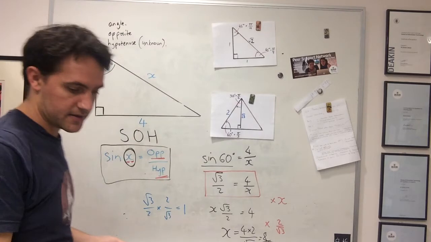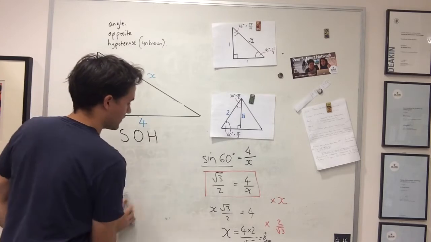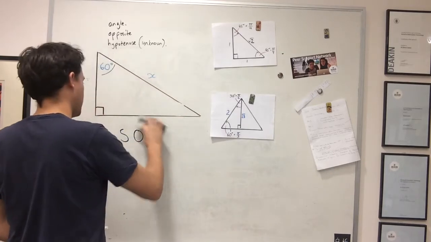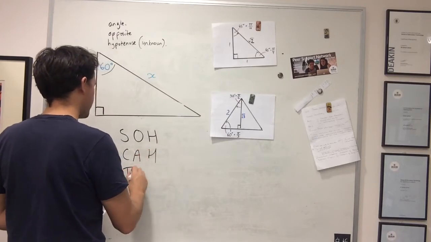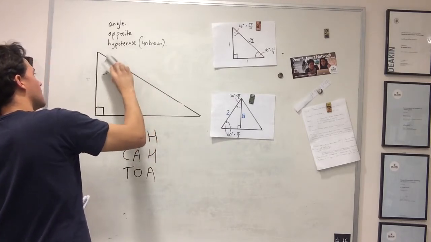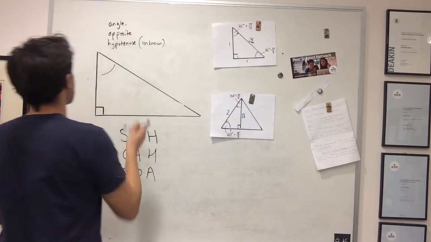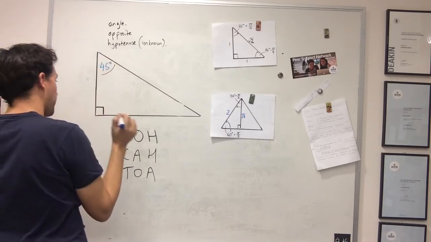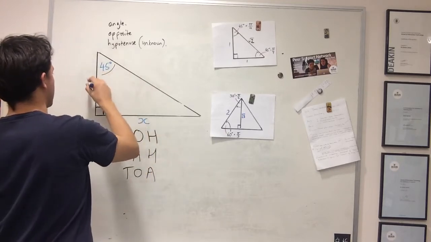Now, as a last thing to leave you with, remembering what all of these things do, remember it's Soh Cah Toa. So if we instead had, say, 45 degrees here, we have x here, and we have, say, 1 here.